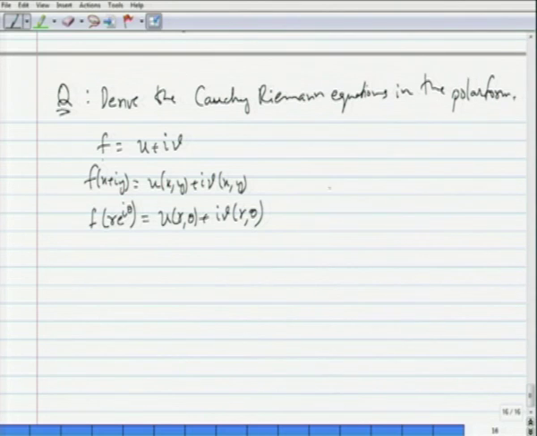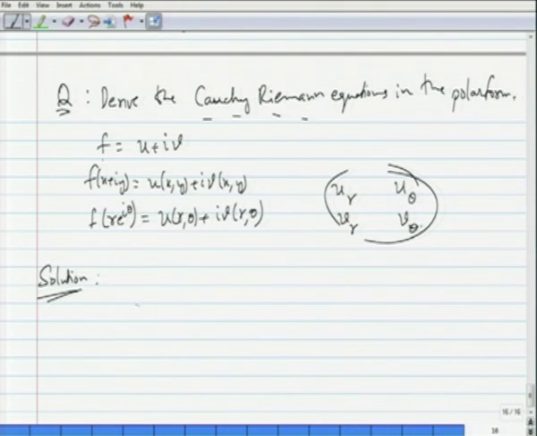Okay. So, there are partial derivatives u r and u theta and v r and v theta. Okay. So, use the already known Cauchy Riemann equations to establish a relationship among these partial derivatives. Okay. So, that is the problem. Okay. Try to do this exercise and I will present the solution here.